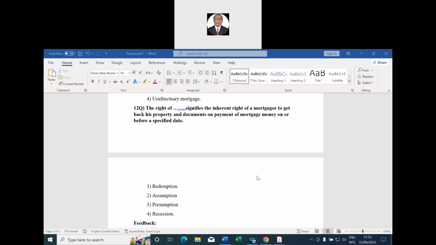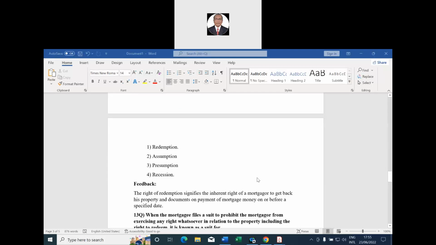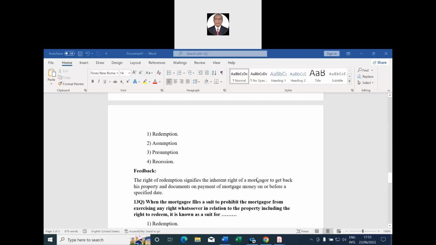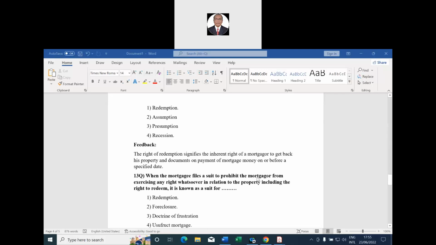Number 1, redemption is the right answer. The right of redemption signifies the inherent right of the mortgager to get back his property and documents on payment of the mortgage money on or before a specified date.